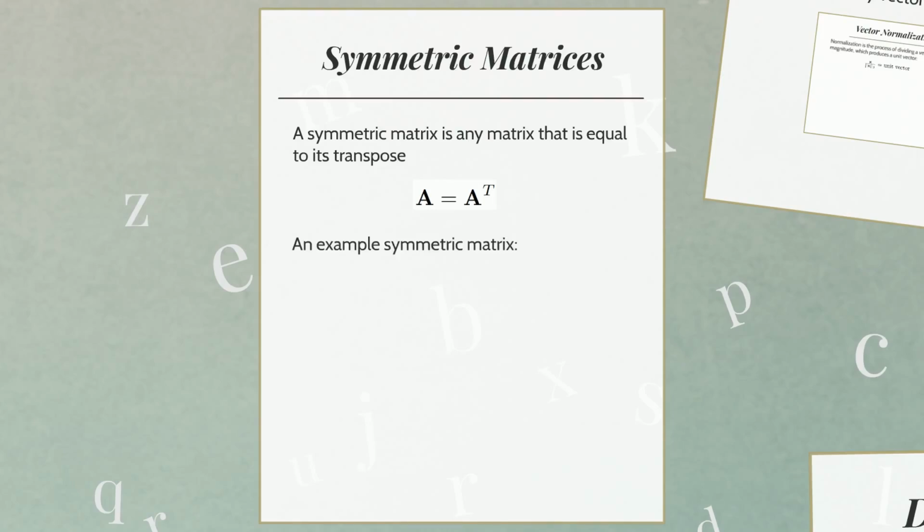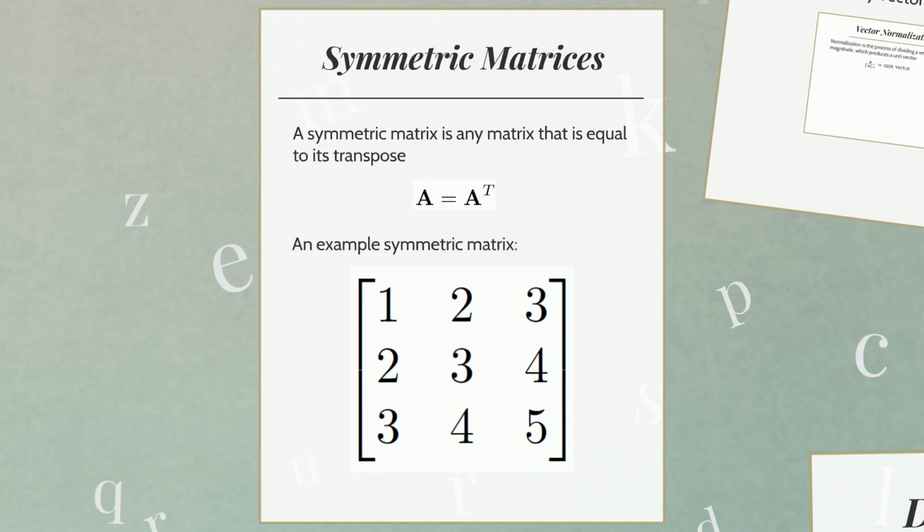So here we have an example of that. If we have the following matrix, we have 1, 2, 3 in the first row. We also have 1, 2, 3 in the first column. You can see as we flip this across the main diagonal, we're going to get the same matrix back. So this is a symmetric matrix because it's equal to its own transpose.